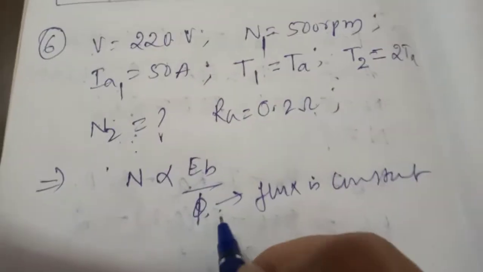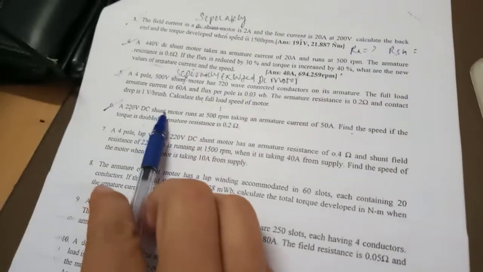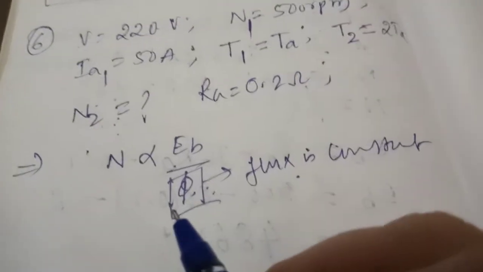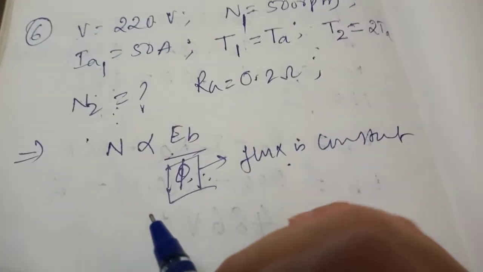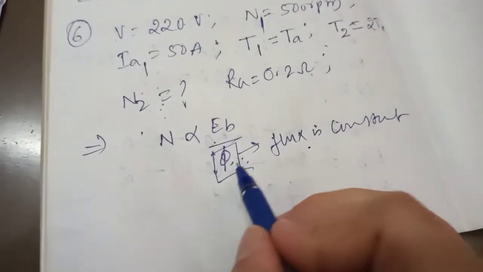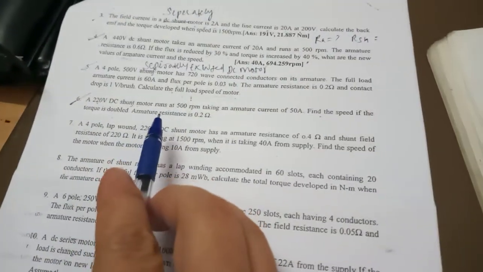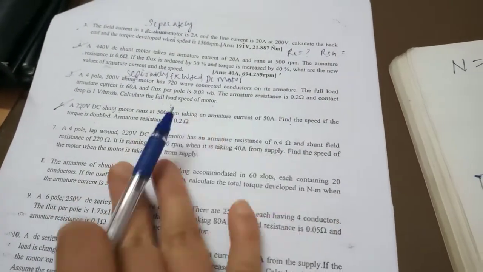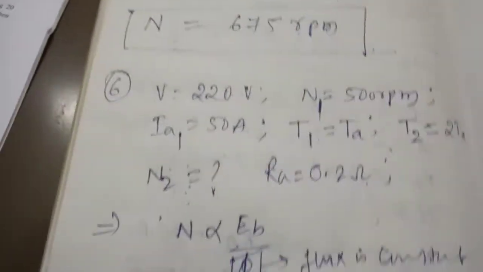If it is a separately excited DC motor, then also the flux is constant. You can vary the flux manually by connecting an external rheostat, but unless the problem says the flux is varying, like increased or decreased by 10% to 30%, you take flux as constant.